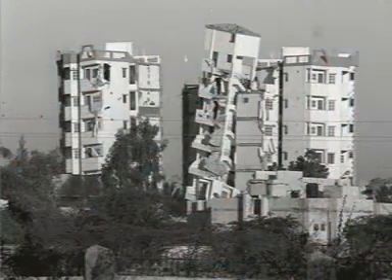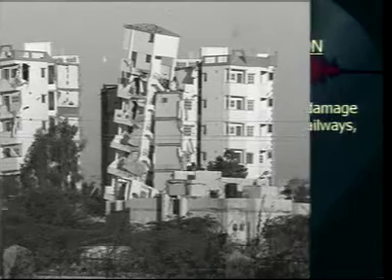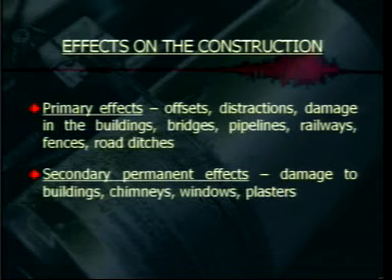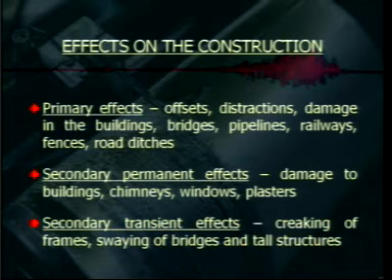So, let us see what are the secondary permanent effects on buildings. Most ordinary damage is done to the buildings, chimneys, windows or the plasters. What are the secondary transient effects? They are creaking of frames, swaying of bridges and tall structures.